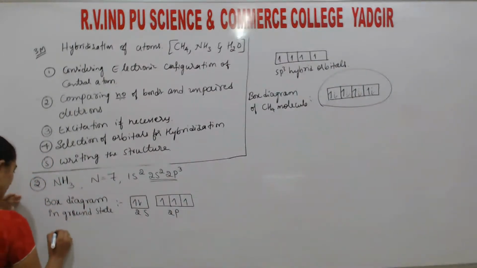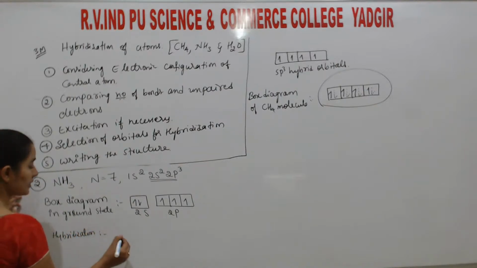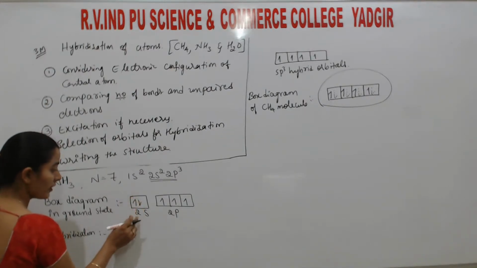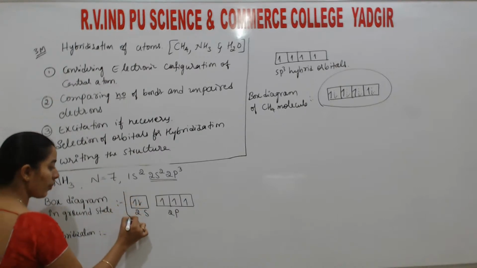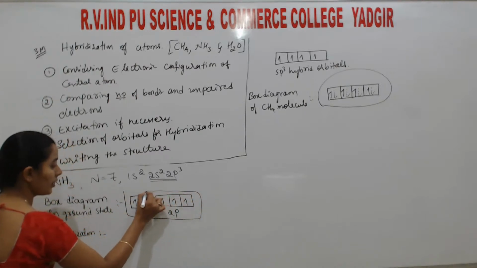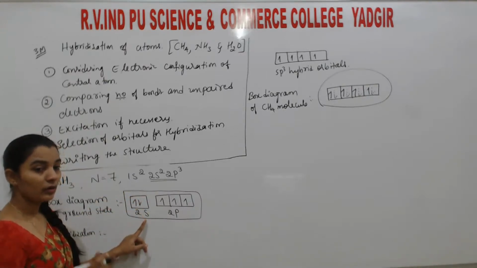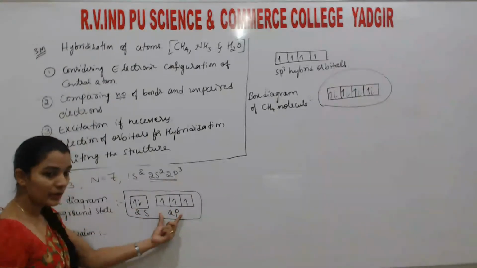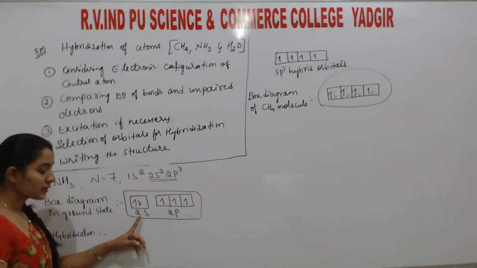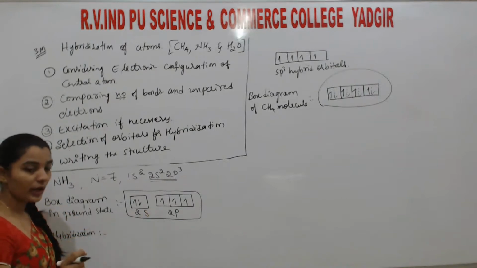Next, hybridization. So students listen here. As I told you, whether they are involved in bonding or not, they participate in hybridization. These s electrons are not involved in bonding, even though they are present in hybridization.